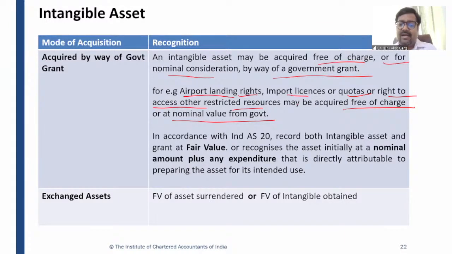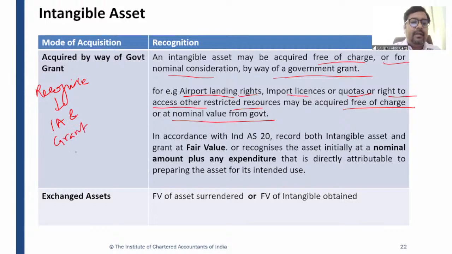So the standard says that in case the government is providing free of cost or at a concessional rate, the first thing is to recognize the intangible asset and grant at fair value, right? What will be the accounting entry? So let me share here in my Excel sheet.